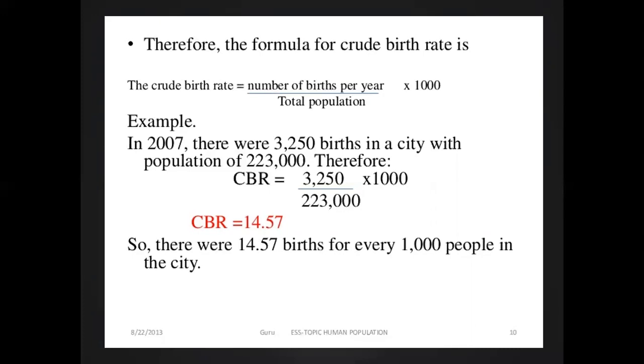After calculating, we get a crude birth rate equal to 14.57. So there were 14.57 births for every 1,000 people in a city.